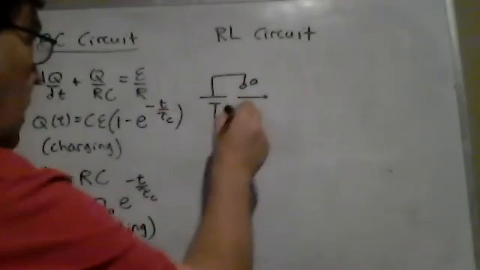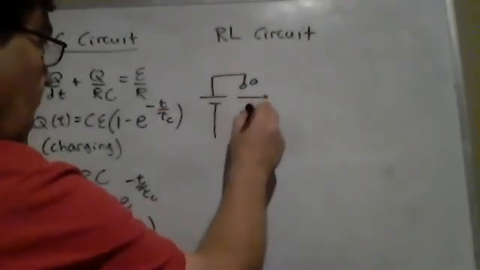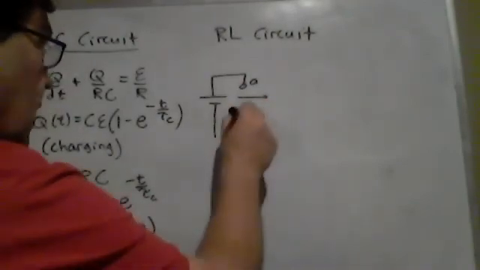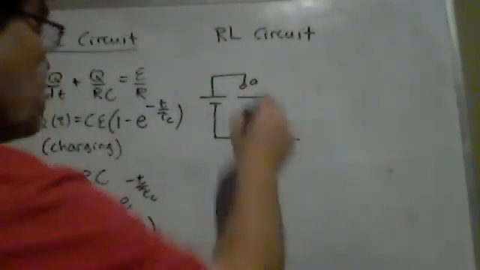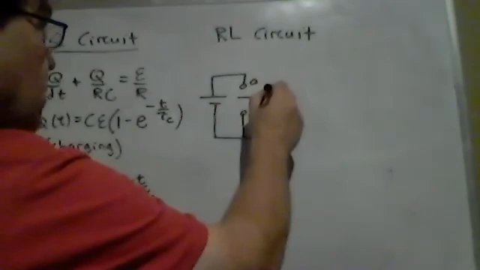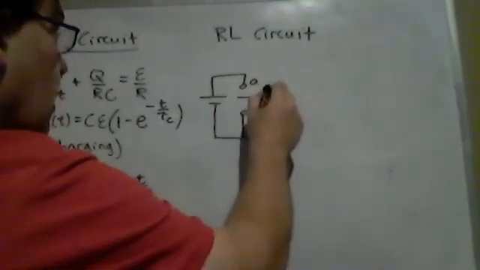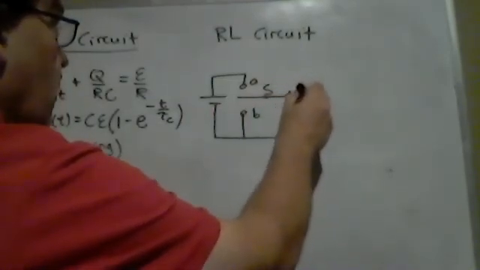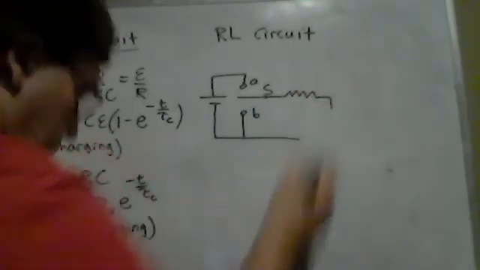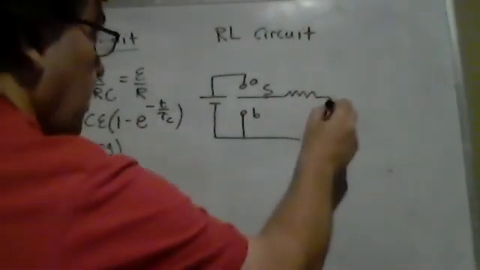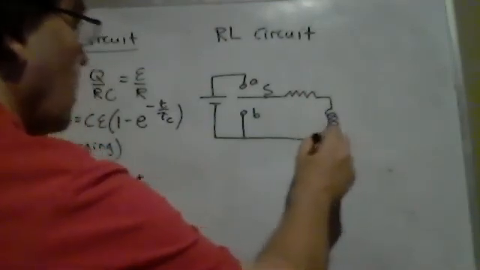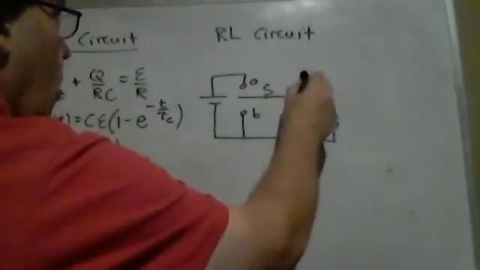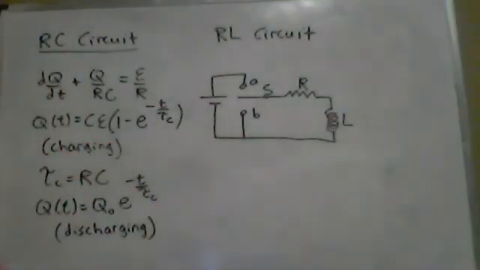And I have a part here, B, that goes down like so. My switch S, a two-way switch. I have now the resistor, and I have the inductor. The inductor, remember, looks like a coil. Now I have a resistor R and an inductor L.